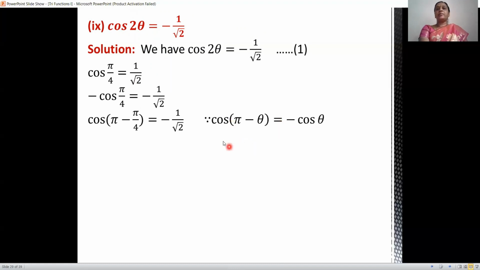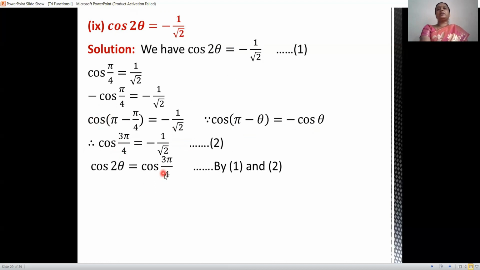Minus cos theta can be written as cos pi minus theta. Therefore, instead of minus cos pi by 4, write down cos pi minus pi by 4. Simplify this. After simplification, we will get cos 3 pi by 4 is equal to minus 1 by root 2.